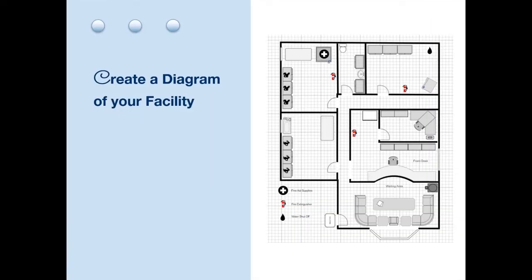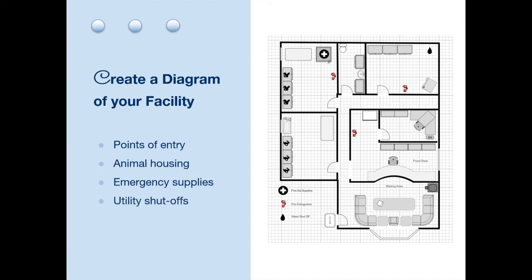A diagram of your facility's floor plan should include important information for responders. These include, but are not limited to, points of entry, animal housing spaces, emergency supplies, and utility shutoffs.